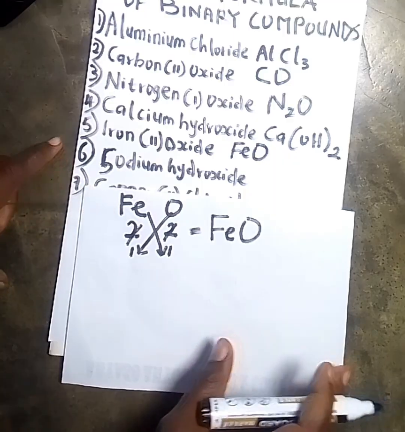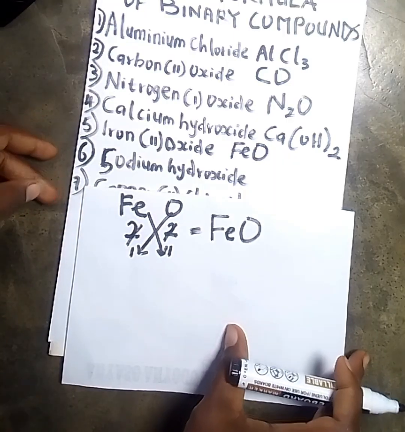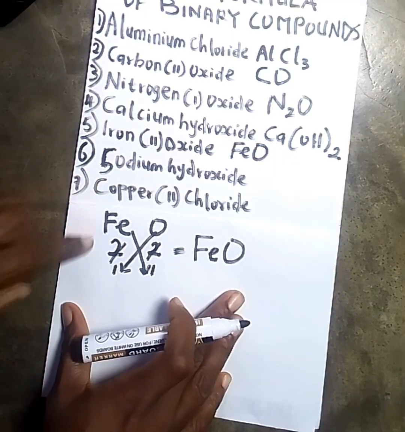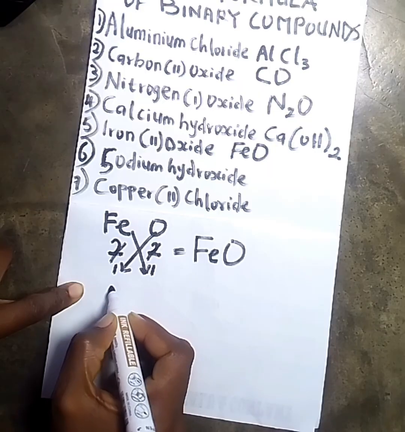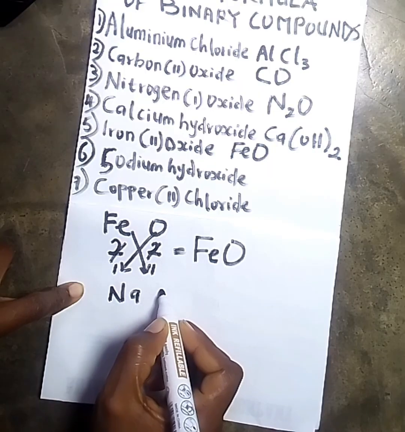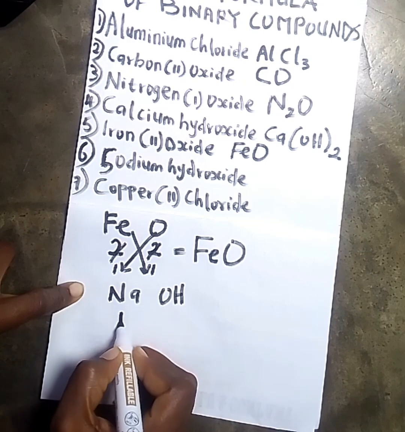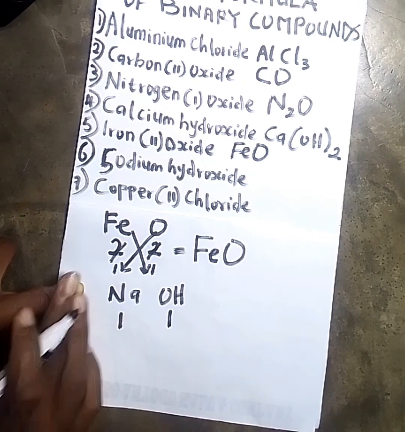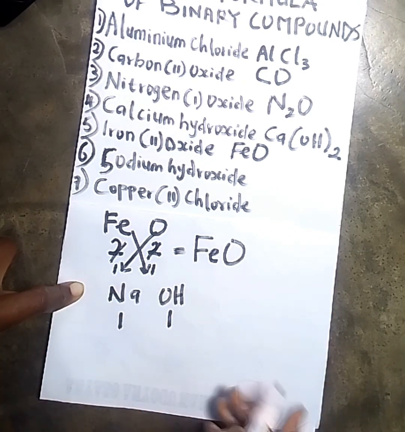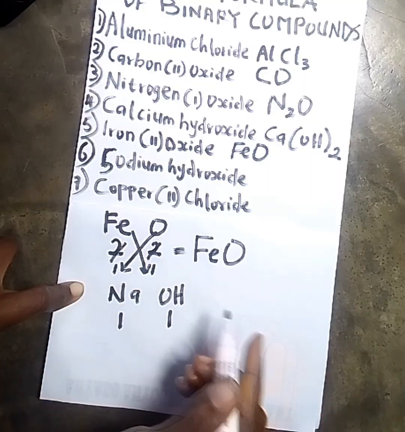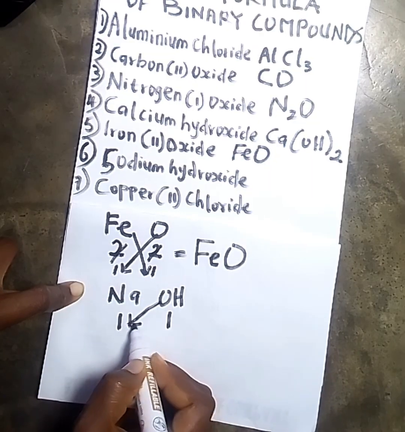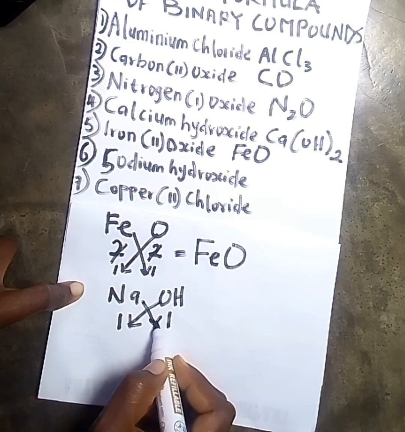Alright, so the other one is sodium hydroxide. This is sodium, hydroxyl. Come across this before. Okay, sodium is 1, hydroxyl is 1. They are in their simplest term. Okay, no variable oxidation state. You simply go ahead and exchange the valency.